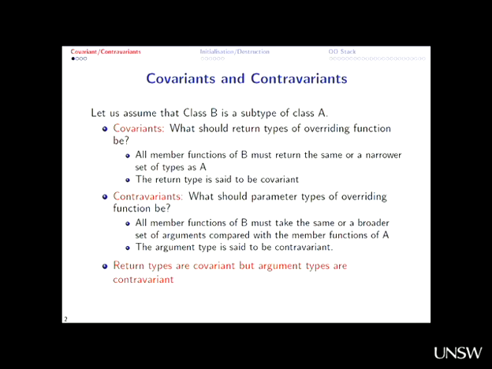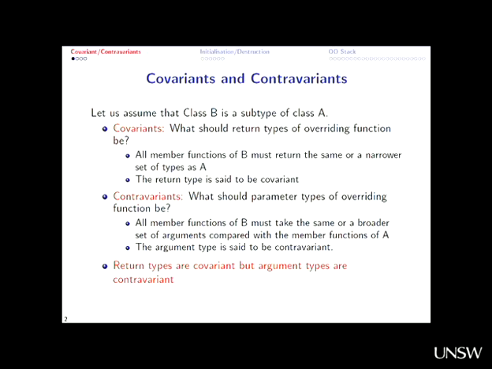Contravariance applies to the parameters going in. So all member functions of B, and this is a bit of a bad example because A and B have been swapped around in comparison to base and inherited.